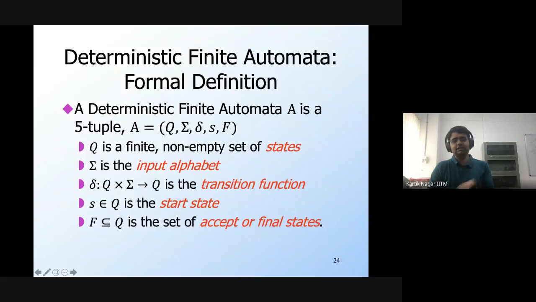If this state is in the set of accept or final states, then the string would be accepted by the DFA. And that would define the language that this DFA can recognize.